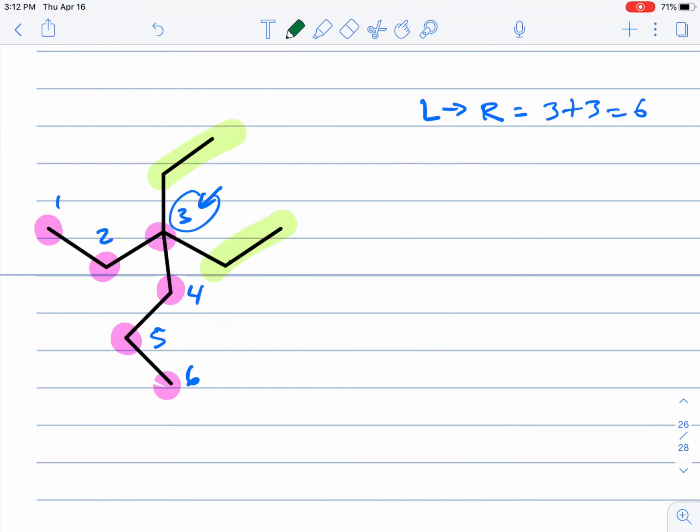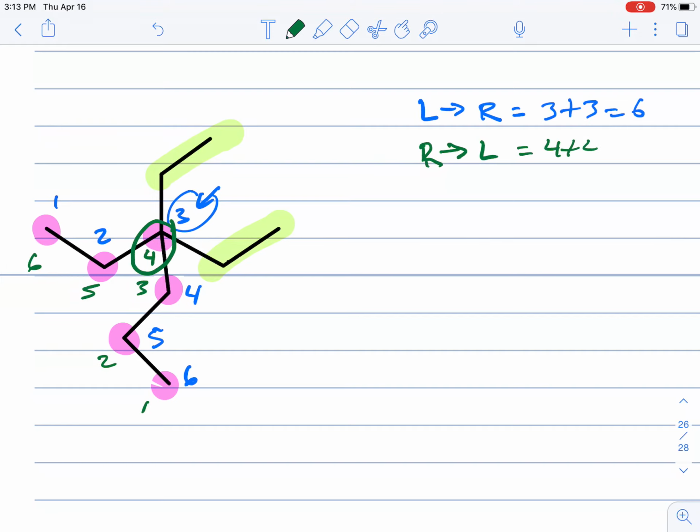Now I'm going to choose the green. I'm going to go the opposite path. So 1, 2, 3, 4, 5, 6. So if I go from right to left, if you will, then it looks like on carbon 4, I'll have those 2 substituents. So I'll have 4 plus 4.